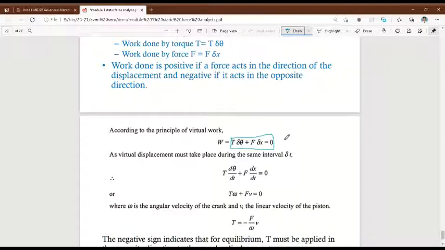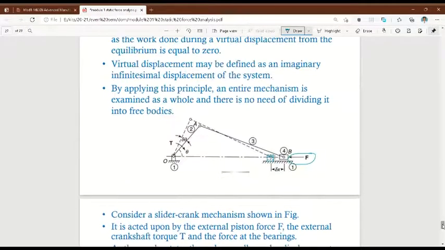If you apply some force and the piston moves a small distance, it is doing some work. But in static equilibrium, it should not do any work, so we have to make it zero.